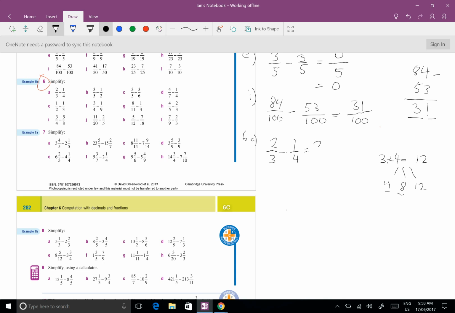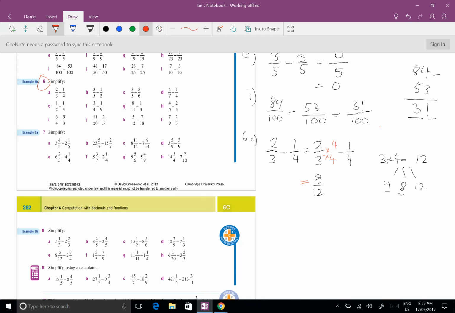So we have to change these fractions to make them both out of 12. Well, 3 times 4 is 12, and I must do the same to the top as I do to the bottom, which is in essence multiplying by 1, because 4 on 4 is 1. 2 times 4 is 8. 3 times 4 is 12, so 8 on 12. Well, let's do the other one. 1 on 4.